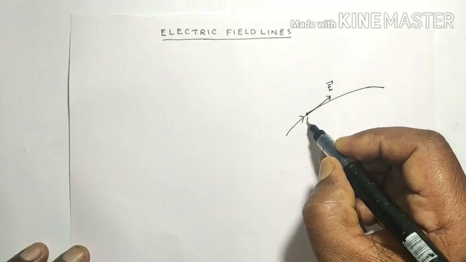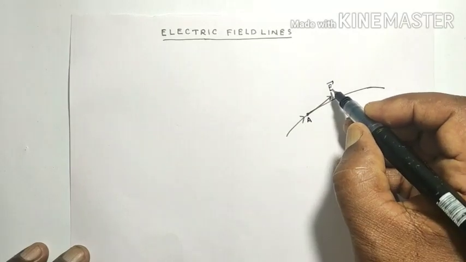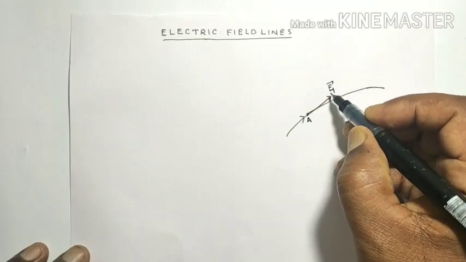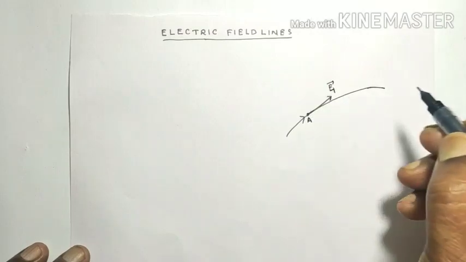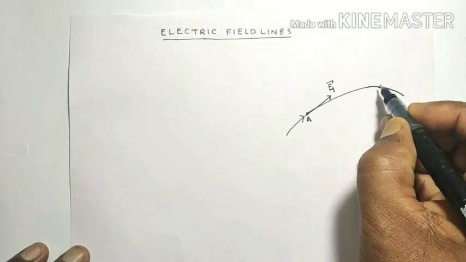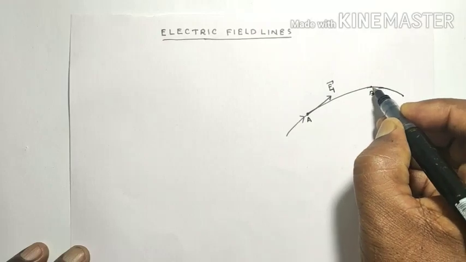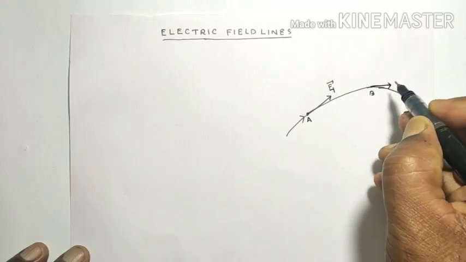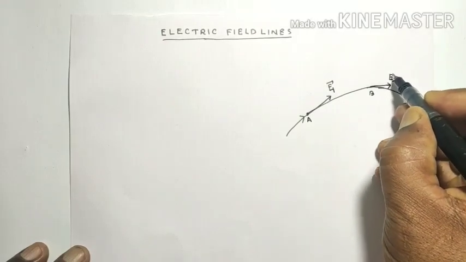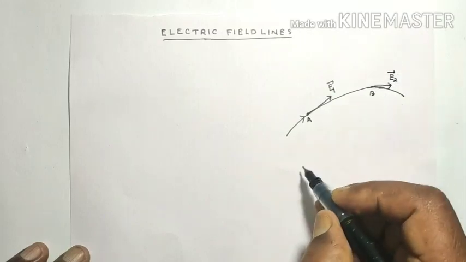Suppose this is a point A and E1 is the electric field at point A. Then we take another point B, draw another tangent, and that gives the direction of electric field E2 at that point.